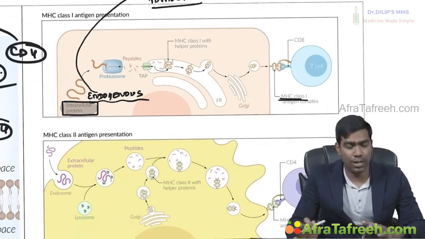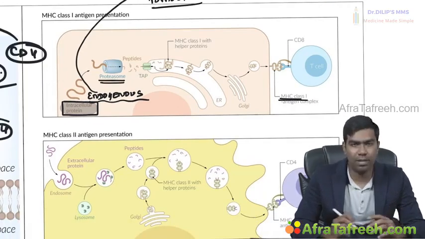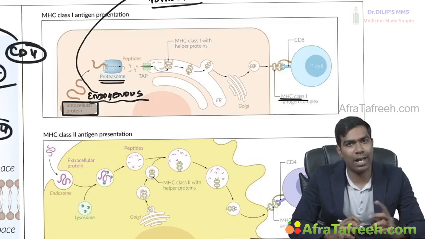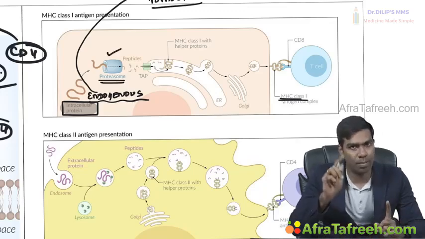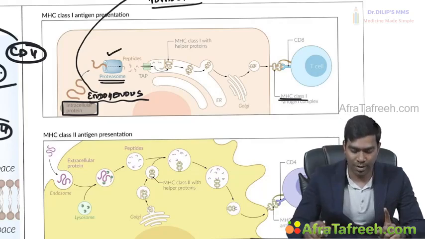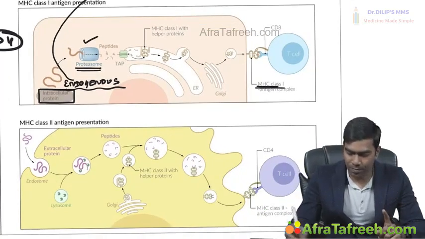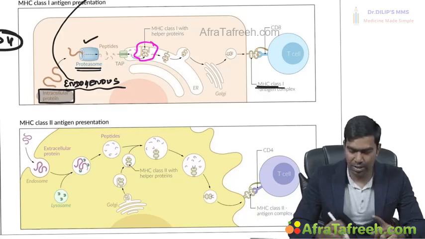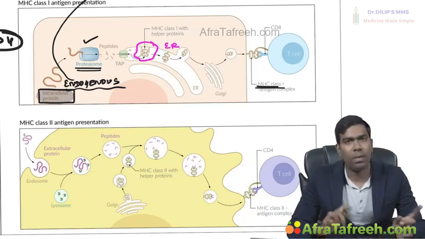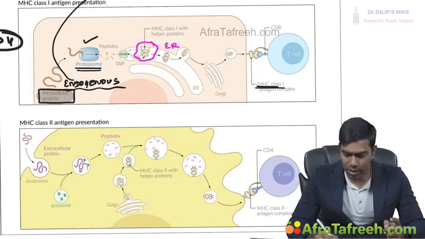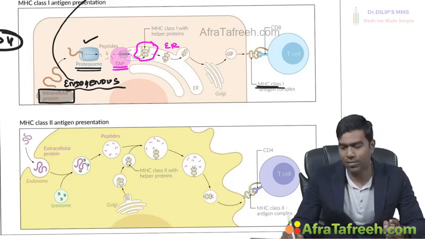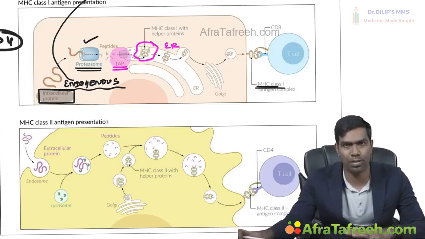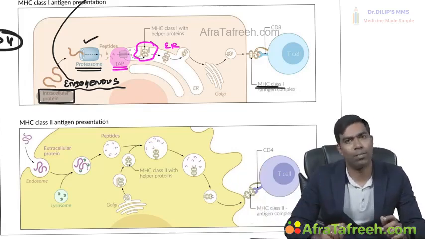The way of processing is also important, because these endogenous proteins are processed by the proteasomes, not by the lysosomes. Very important. Then they are assembled in the endoplasmic reticulum, but entry into the endoplasmic reticulum is given by a protein called TAP, which transfers the processed antigens into the endoplasmic reticulum.